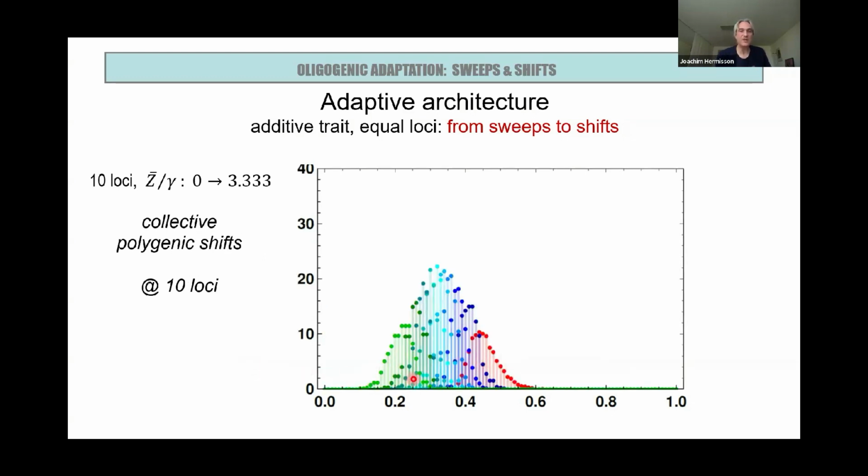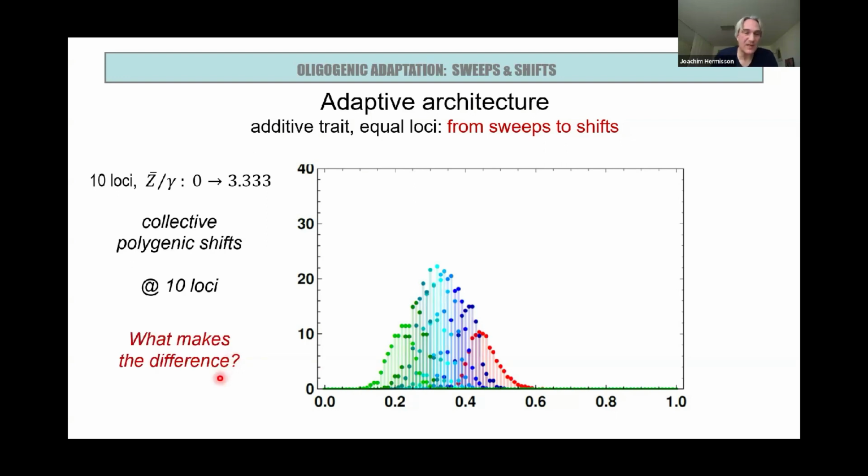It can even become something like this, where we have no fixations at all. There are no completed sweeps at all, but really we get into a phase where we have small shifts here.